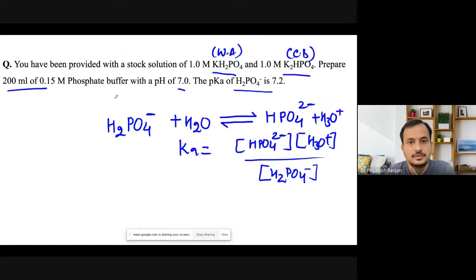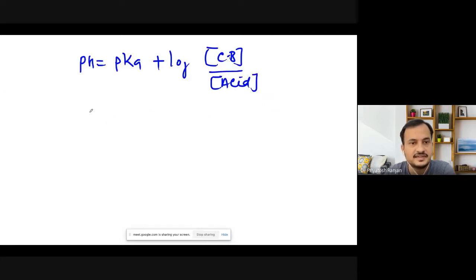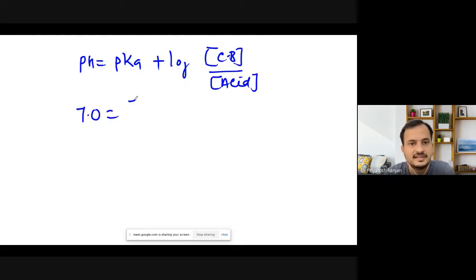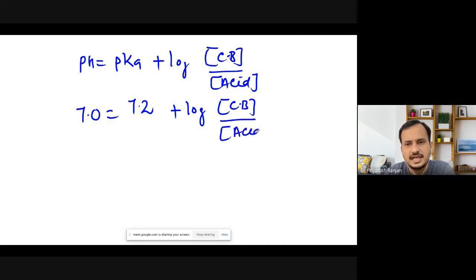Now, what are the values which are given in this question? pH 7 is given, perfect. pK, is it given, or do I need to calculate it? No, they have given you the pK, so I can keep it as 7.2. How about the concentration of conjugate base and concentration of acid? I will not put any x values.